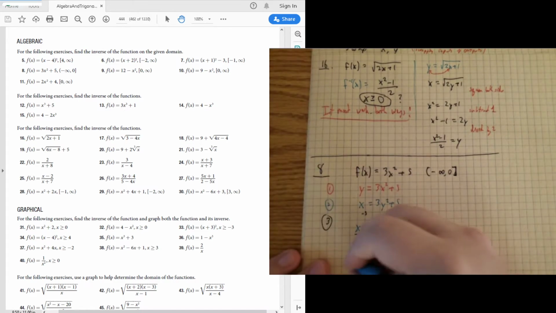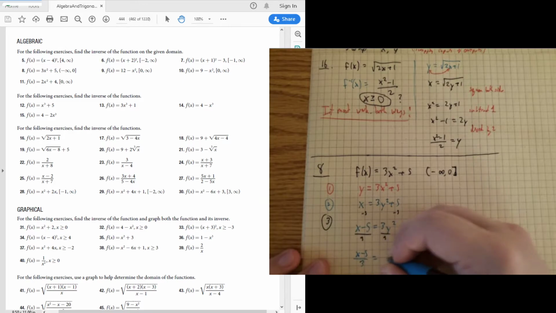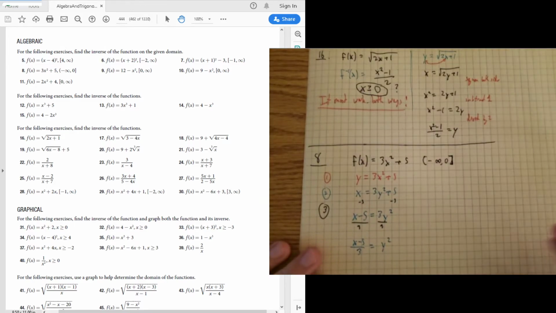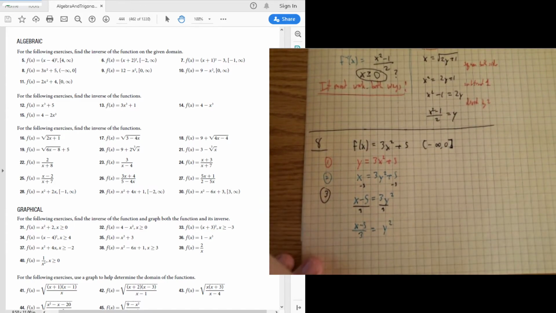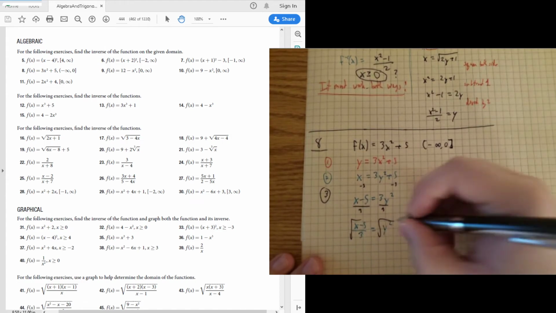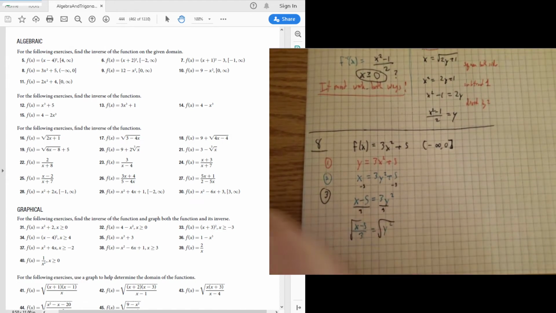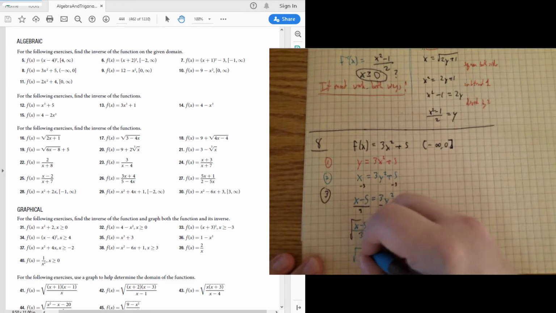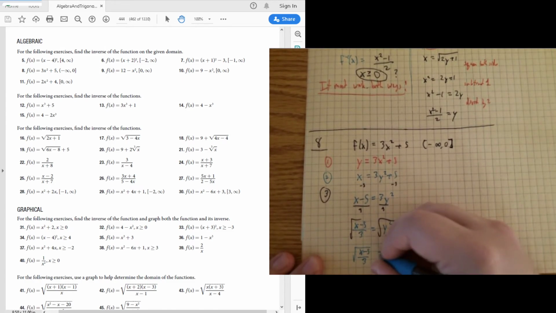Give me my new equation, (x minus 5) over 3 equals y squared. I'm then going to take a square root of both sides, which gives me the square root of (x minus 5) over 3 equals y.